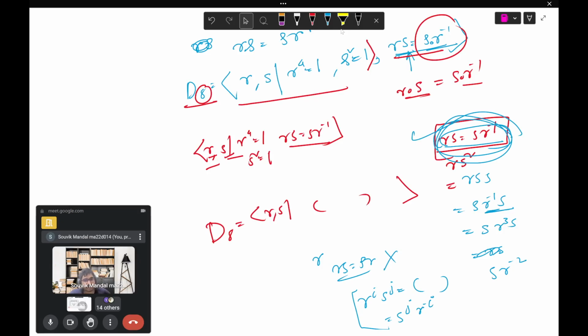Yes, it will be a subgroup because it is already satisfying those relations. So every subgroup we can write along with these three relations and some more relations. Yes, right.